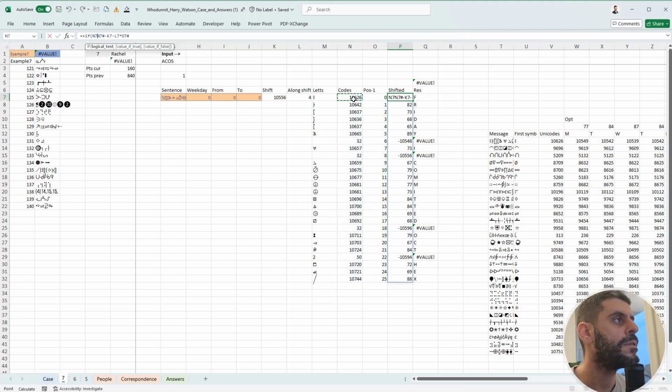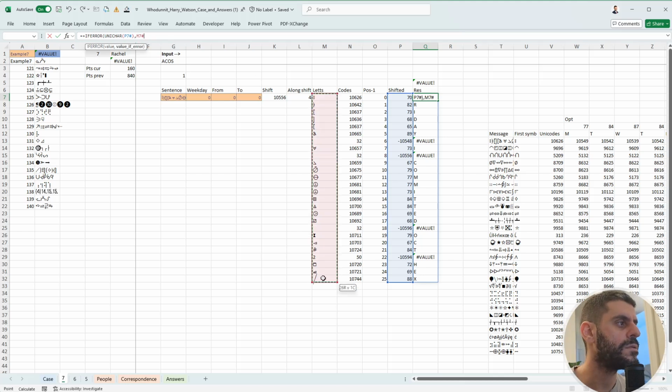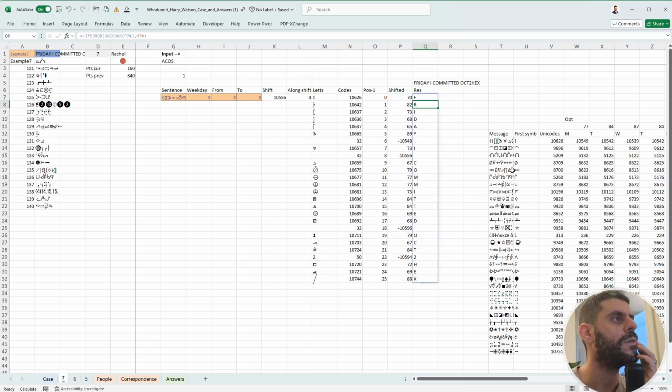If this equals 32, otherwise this. Can I just say if error this? Okay, so we actually have our meaningful sentence.